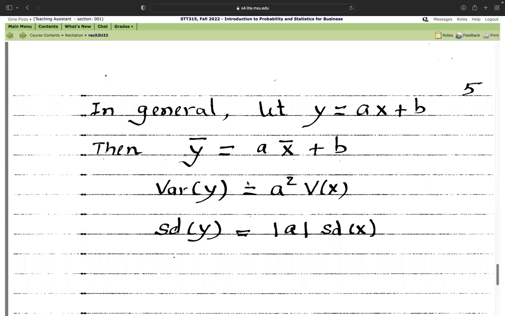The variance of y, when you take a constant out of the variance, it becomes squared. So you have a squared times the variance of x, and then the standard deviation is the absolute value of a times the standard deviation of x.